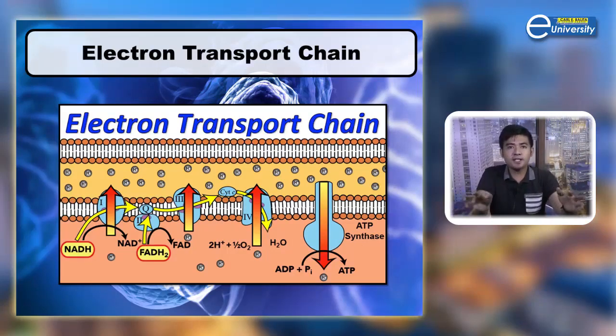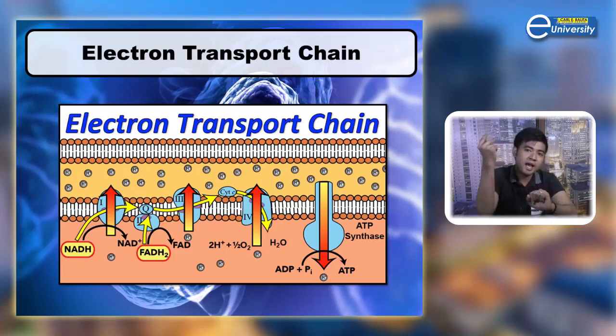In the process of transfer from higher concentration to lower concentration, the hydrogen ion will pass through a certain protein. This protein is called the ATP synthase. The ATP synthase is the protein responsible for the production of ATP. Why?